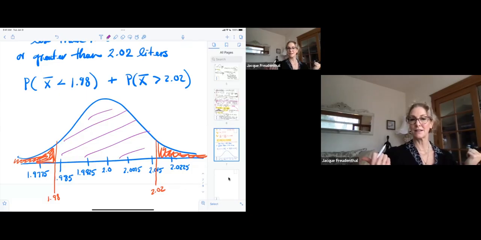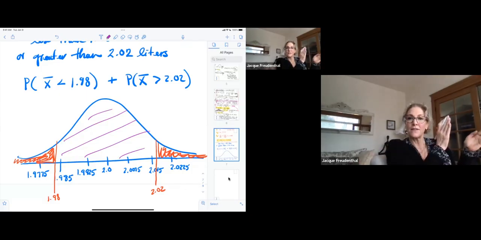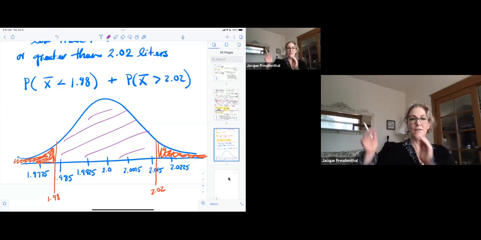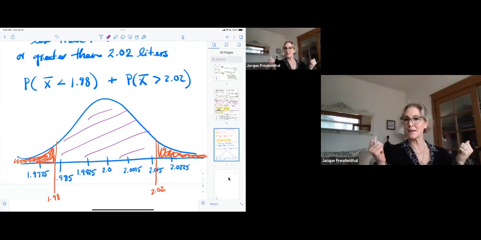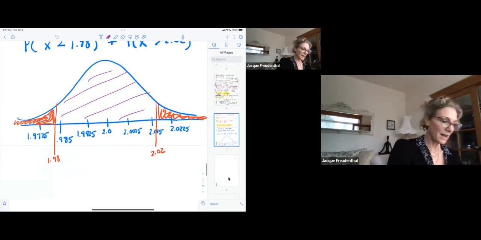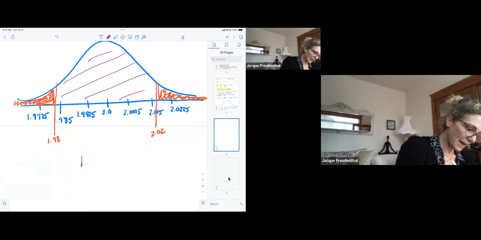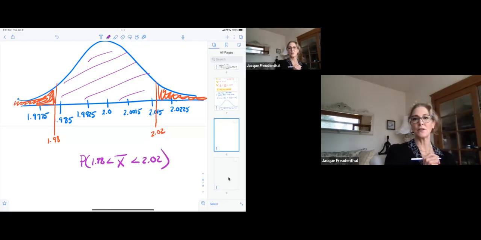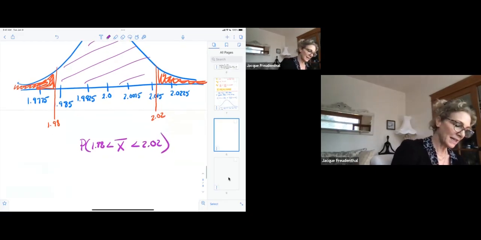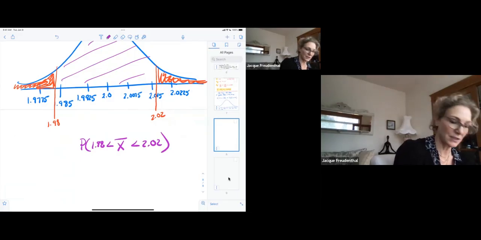That's quicker than finding the area of the left tail, finding the area of the right tail, and adding them together. So I'm going to find the area where the sample mean is between 1.98 and 2.02, and then subtract from 1.